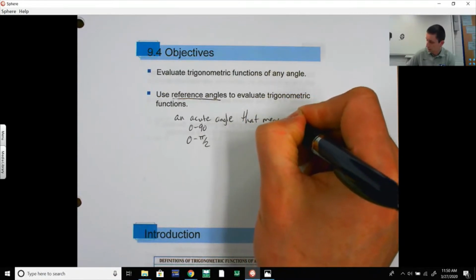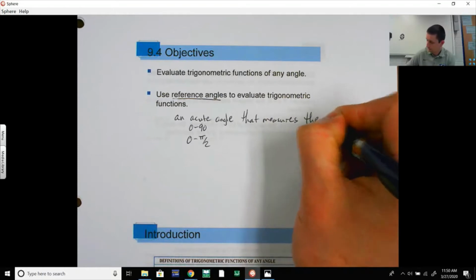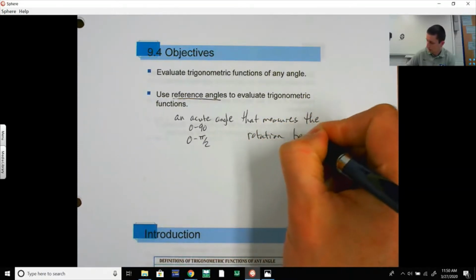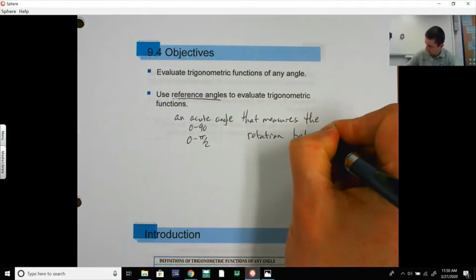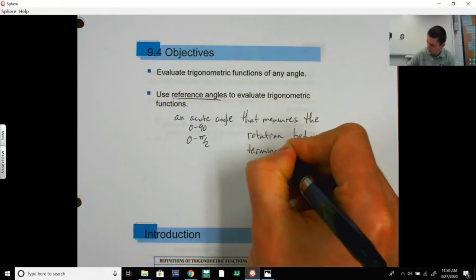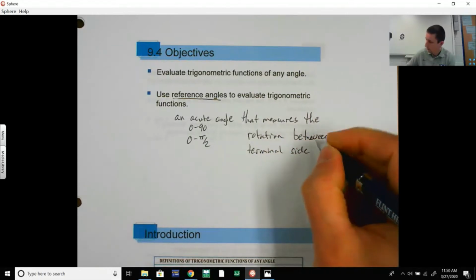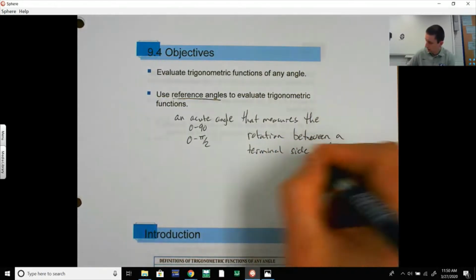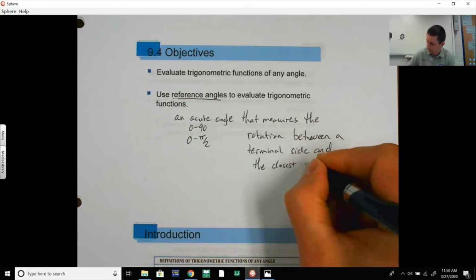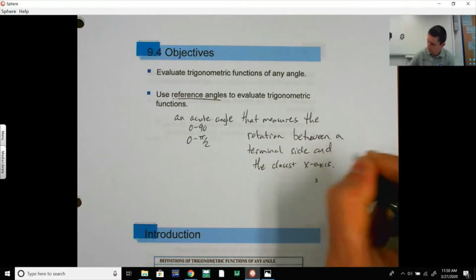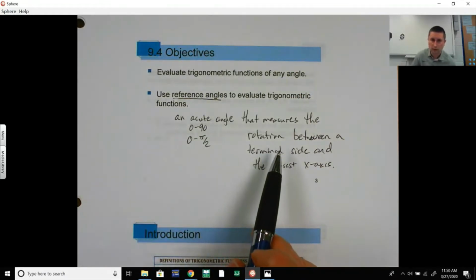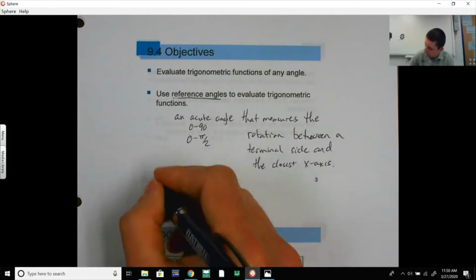That measures the rotation between a terminal side and the closest x-axis. I think we talked about this a little bit. So it's an acute angle that measures the rotation between a terminal side and the closest x-axis.